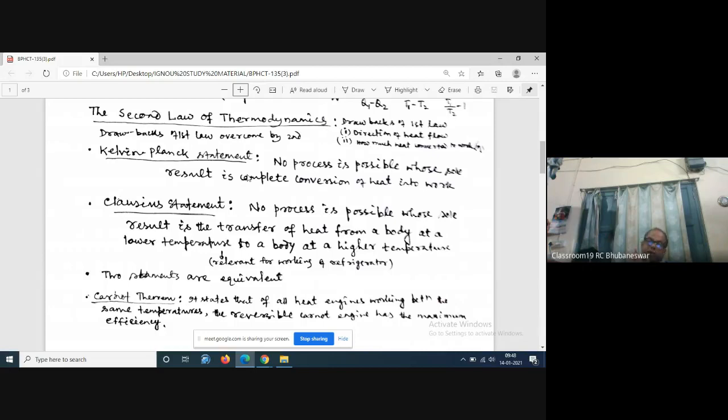A temperature difference is a must. One must be at a higher temperature and the other at a lower temperature. Temperature difference means the temperatures are not equal. If they are not equal, then one must be greater and one must be lower. So the two temperatures T1 and T2 are required. That is one thing.